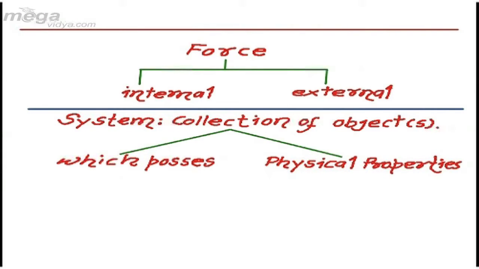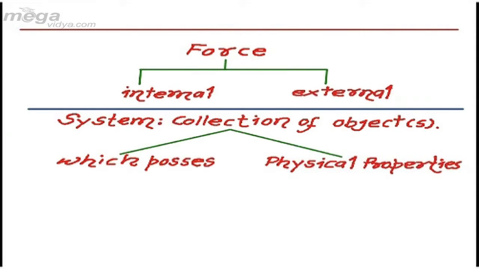Physical properties means just as length of the object, area of the object, volume of the object, mass of the object, its acceleration, its velocity, its temperature, or its any other state can be treated as physical properties associated with an object.